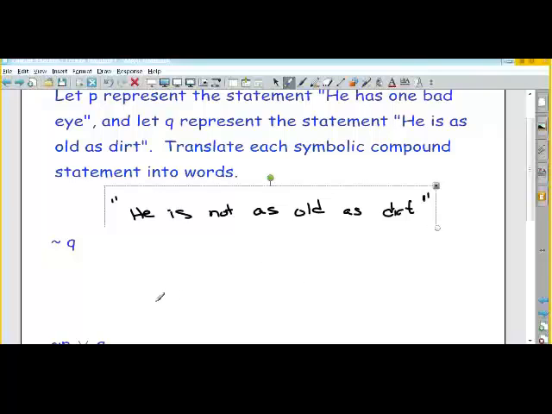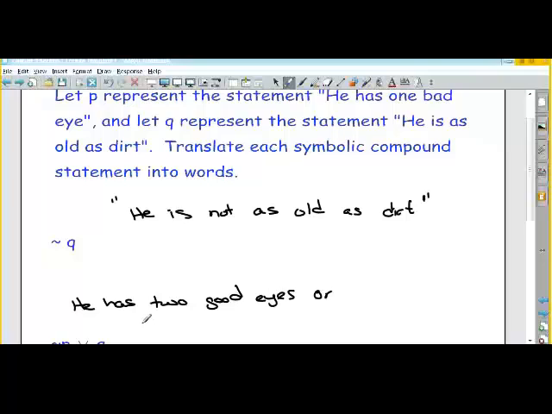So I'm going to say the answer is he has 2 good eyes, or he is as old as dirt. Okay, so that's that one.